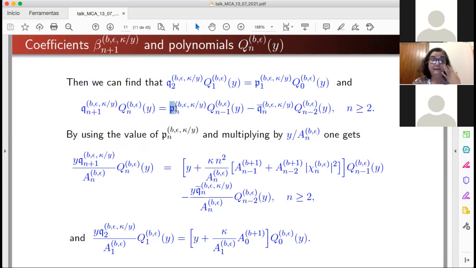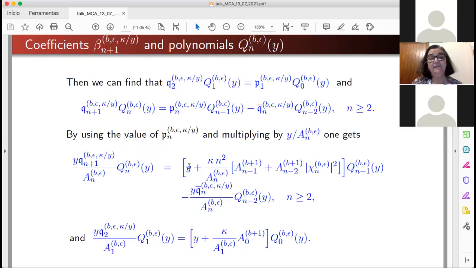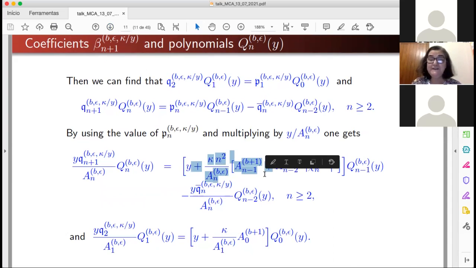Now, what we have done is we use the value of P here, and we multiply both sides by Y over the inner product, which is different from 0. And because of this property, we get Y plus a coefficient here.